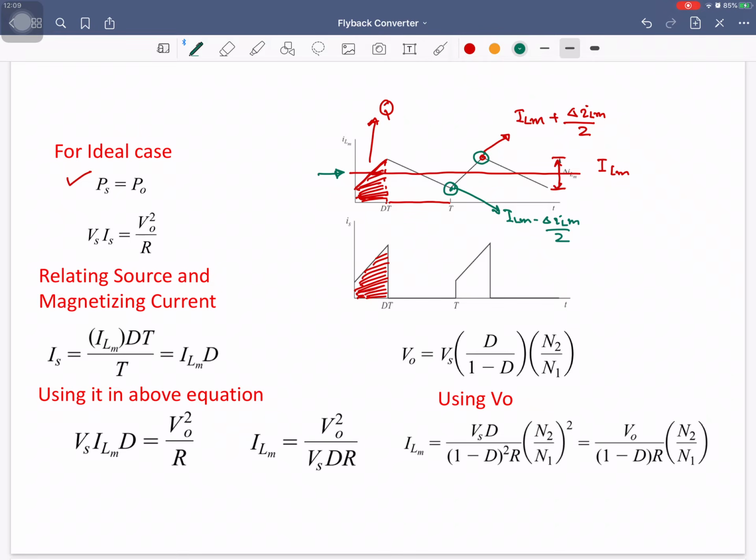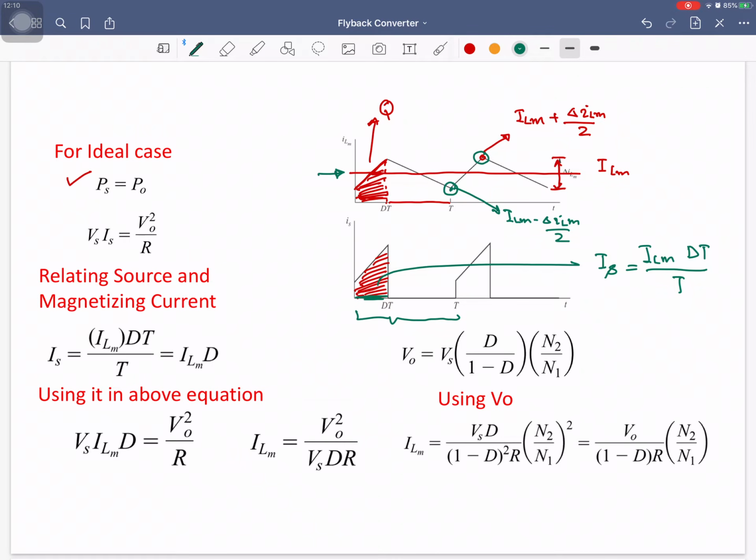Right? So the average current is ILM, and that is going to exist for the on interval dT. So multiplying it with dT, we will get the area when your switch was in the on state, and then taking its average over the complete cycle from here to here, so dividing it by T, we will get the average supply current.